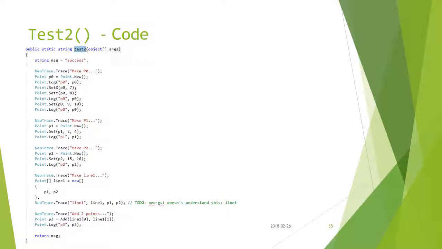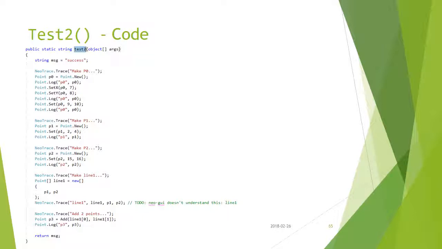The second test case here, here's where you can see how we're making a point P0. We're setting it, we're resetting it, we're logging it. Then we make a P1. We call point.new. We set P1 to the coordinates x equals 2, y equals 4, and we log that point into the event log.